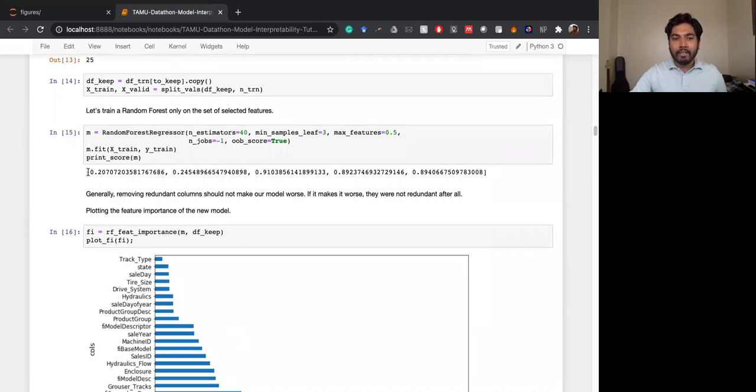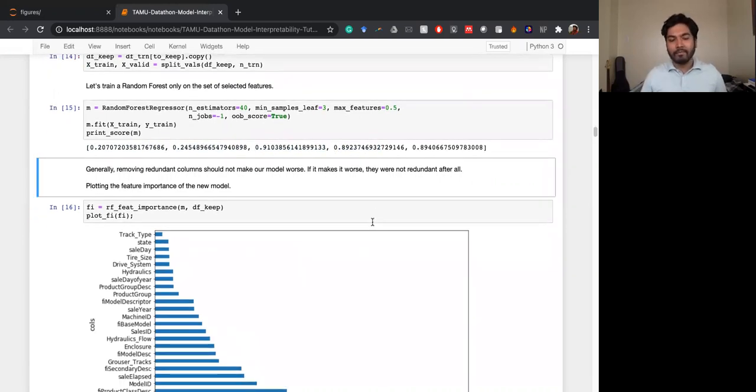You can see that after discarding those features, we almost have the same RMSE and R squared values. This basically tells us that those were redundant columns, and removing them will not make our model worse. If in fact it makes our model worse, then those are not redundant features.